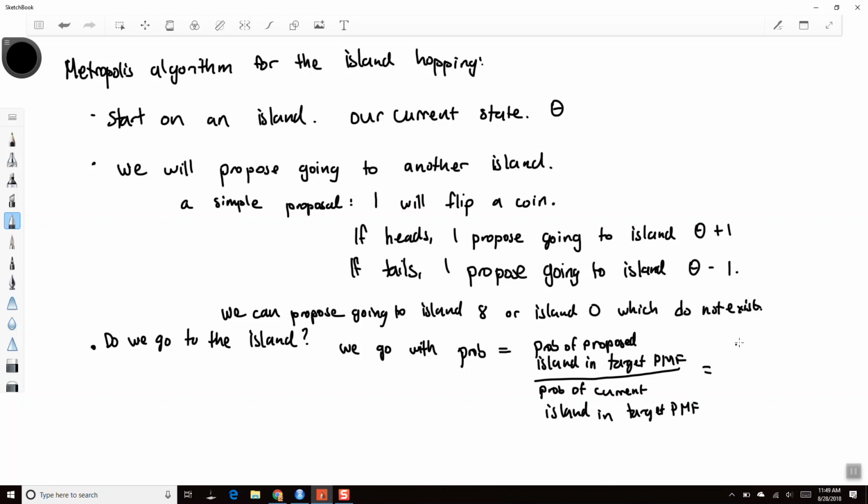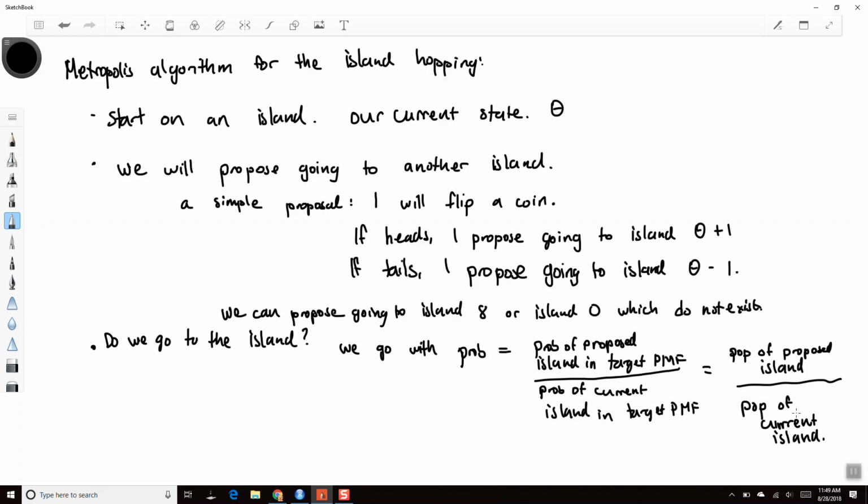Which in this case would just be, we want to go with something proportional to its population. So this will just be the population of the proposed island divided by the population of the current island. Okay, is that okay?